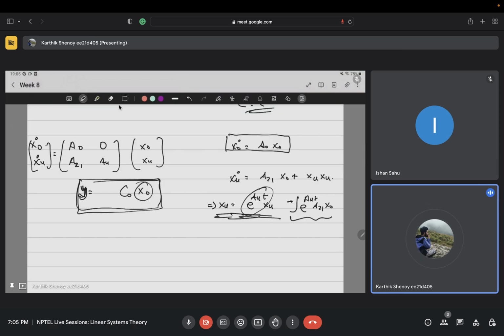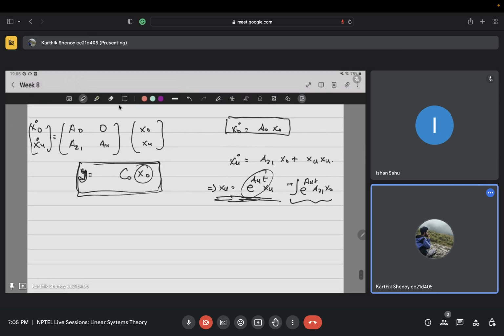Which means if your AU matrix is Hurwitz, you are guaranteed that XU will go to 0 as XO also goes to 0, because there is a term here, correct. So if XO goes to 0, XU will also go to 0 only when AU is Hurwitz.